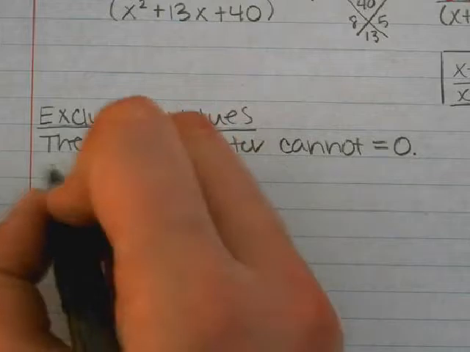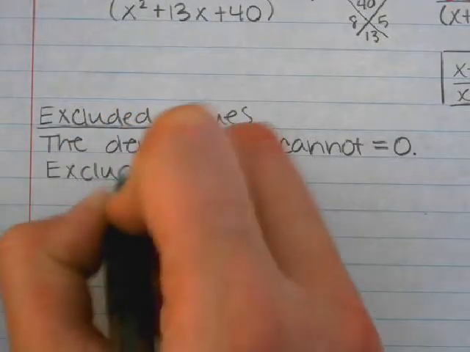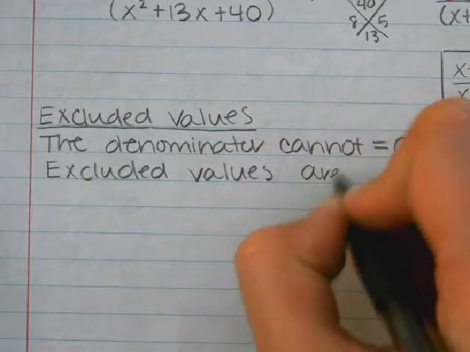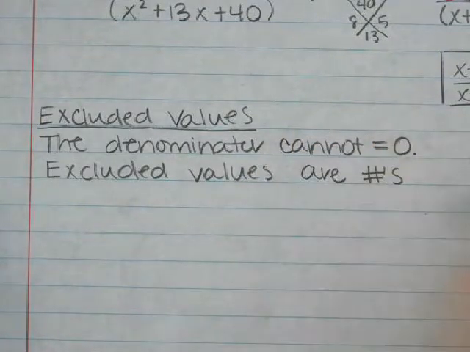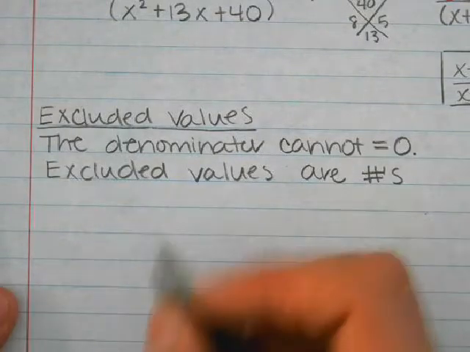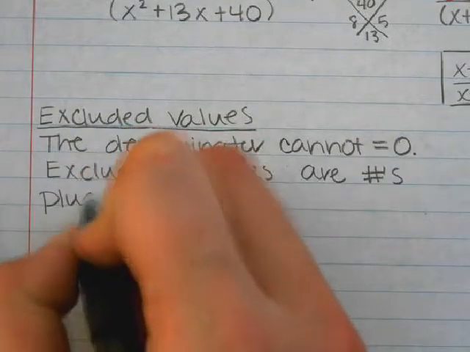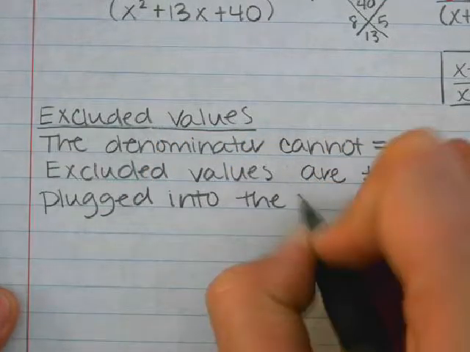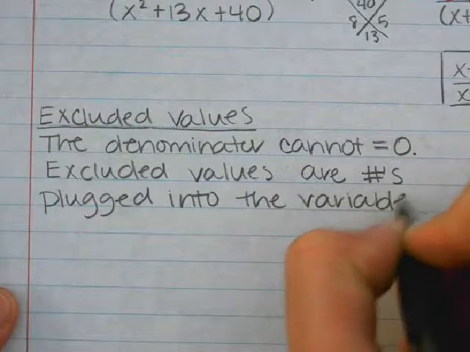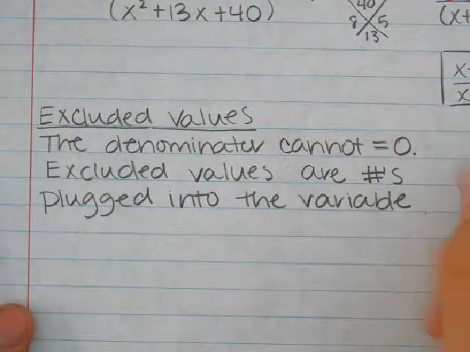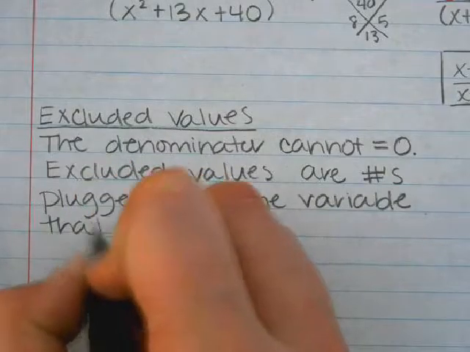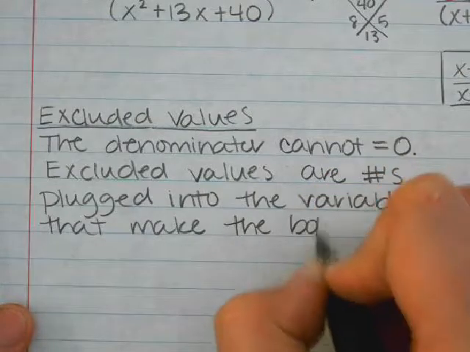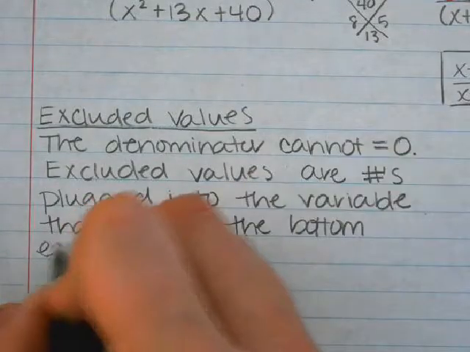So we're going to say that excluded values are numbers plugged into the variable that make the bottom equal 0.